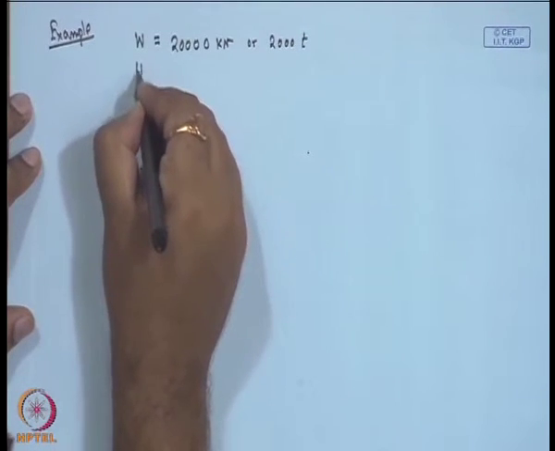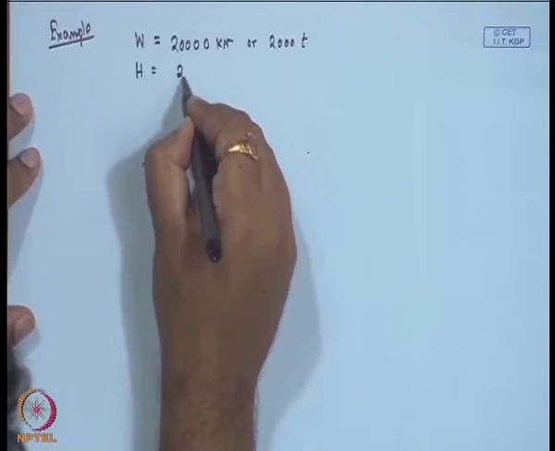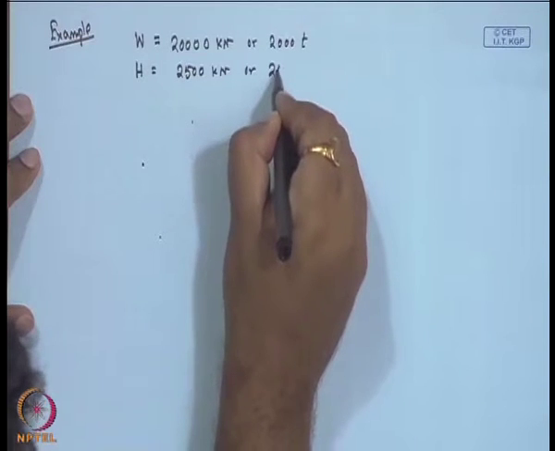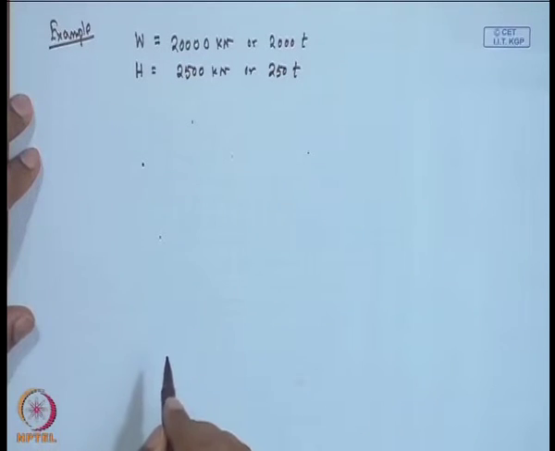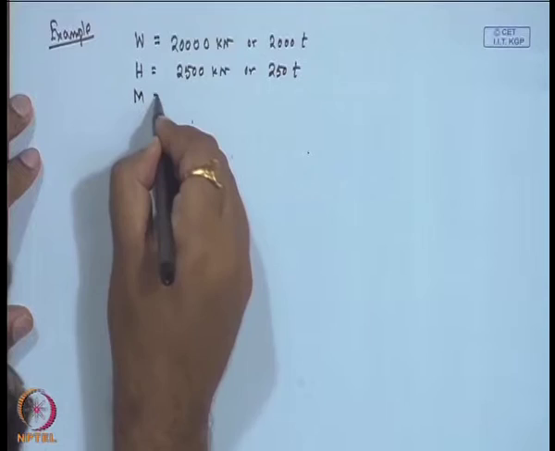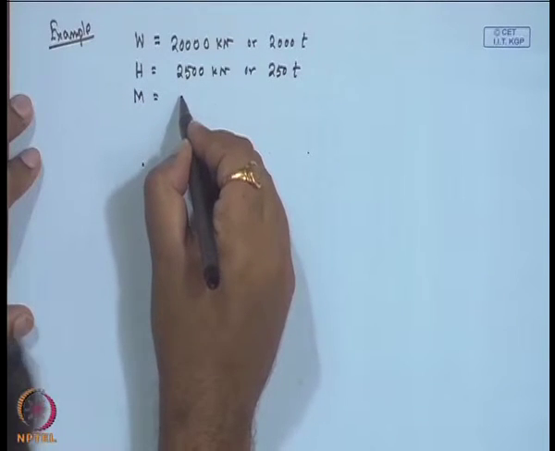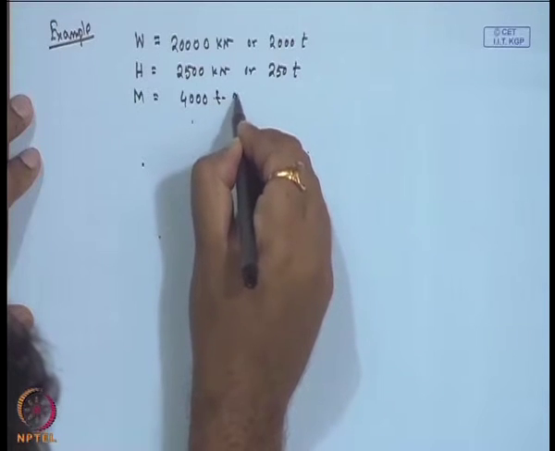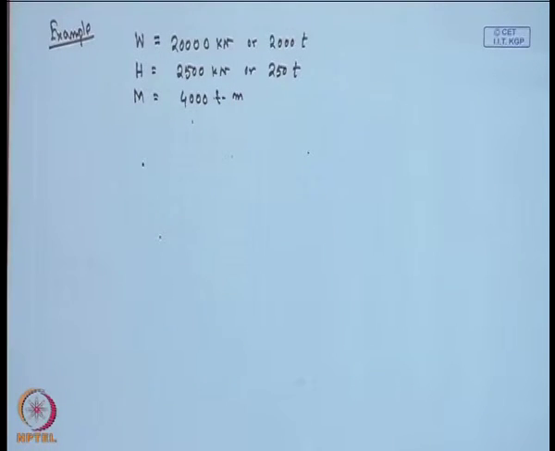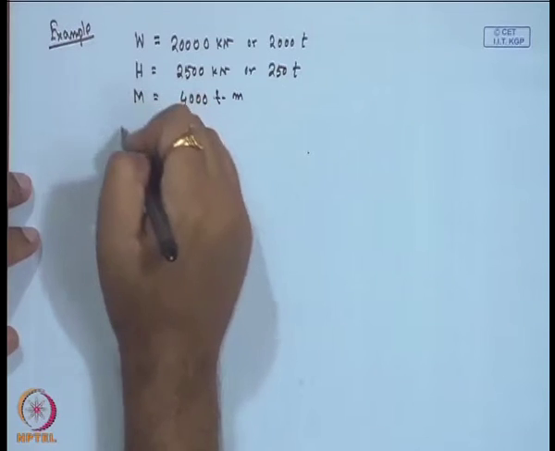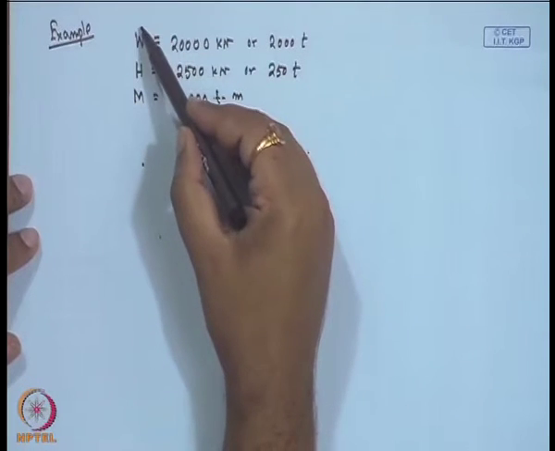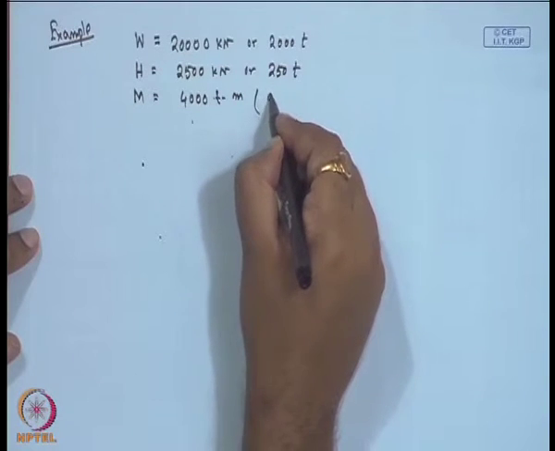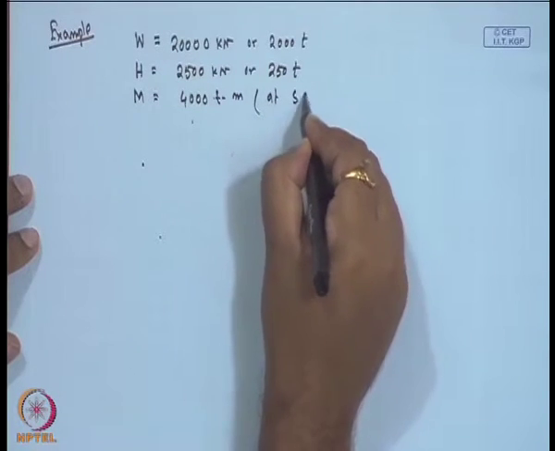The H is given as 2500 kilonewton or 250 ton. M is given as 4000 ton per meter. So, these are the given vertical force, horizontal force and the moment at the scour level.